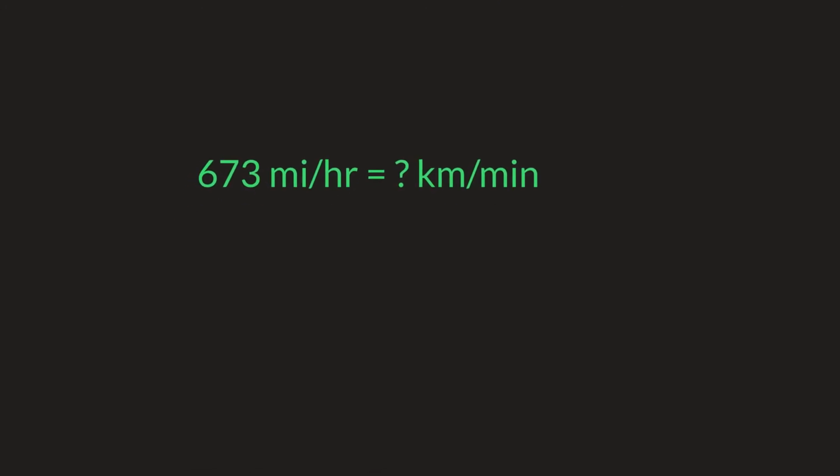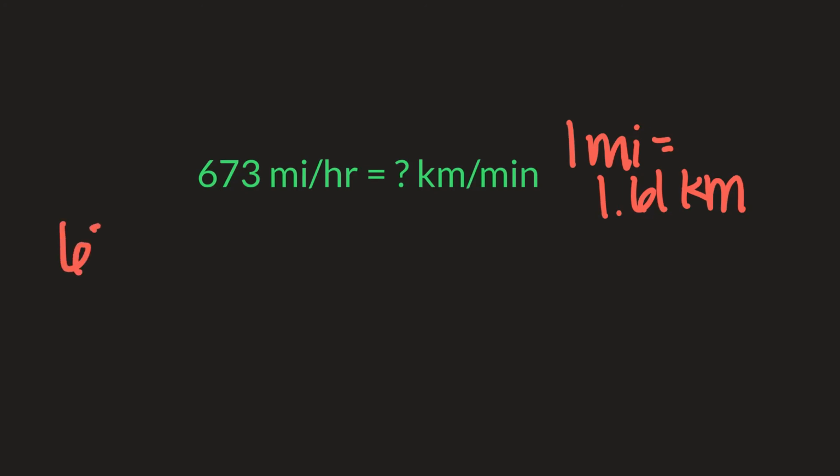All right, to do this one, I'm going to have to give you the conversion factor. So 1 mile equals 1.61 kilometers. All right, so let's set it up. 673 miles over hours.